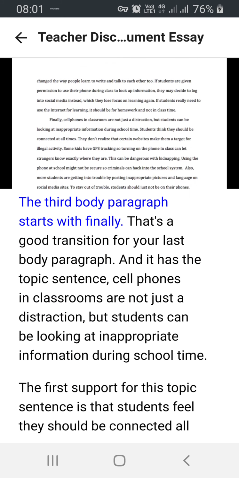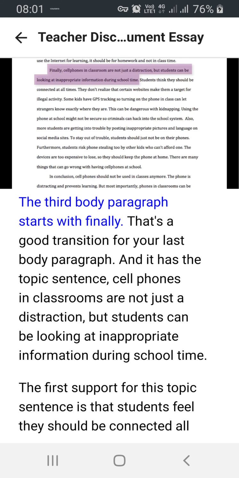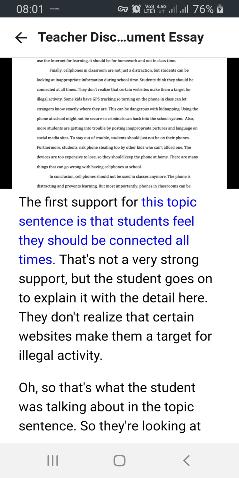The third body paragraph starts with finally. That's a good transition for your last body paragraph. And it has the topic sentence, cell phones in classrooms are not just a distraction, but students can be looking at inappropriate information during school time. The first support for this topic sentence is that students feel they should be connected at all times.